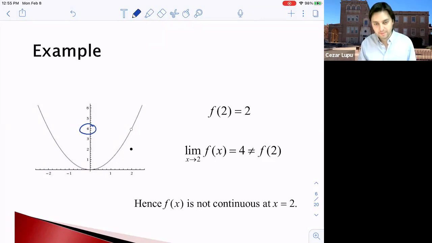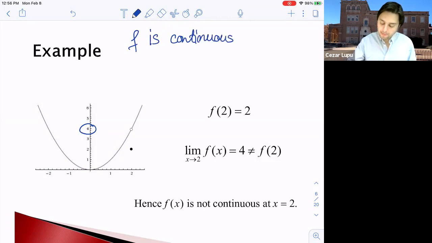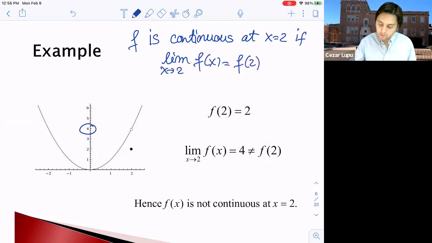So by the definition, f is continuous at the point x equals 2 if the limit as x approaches 2 of f of x is the same as the value f of 2.